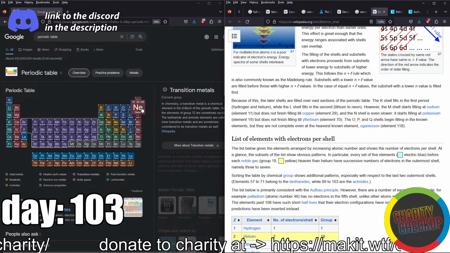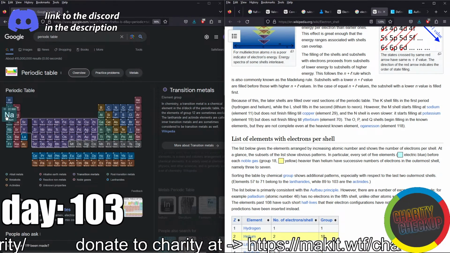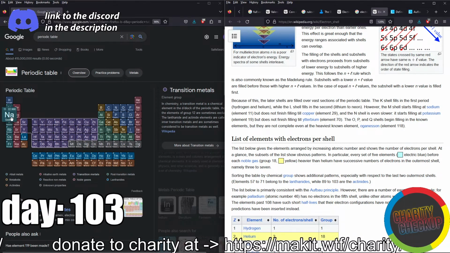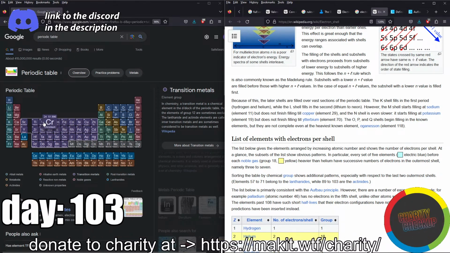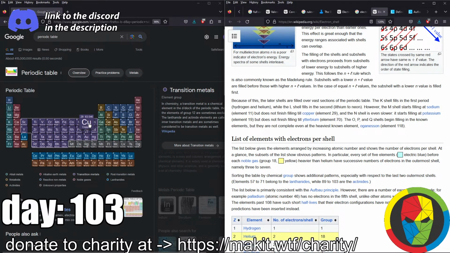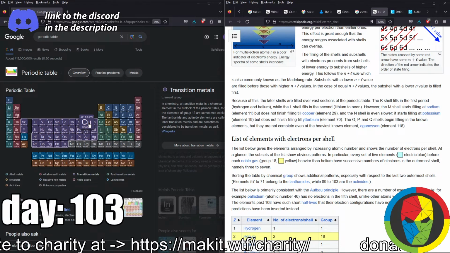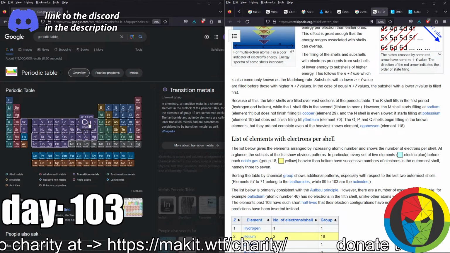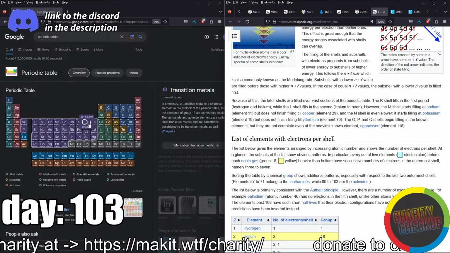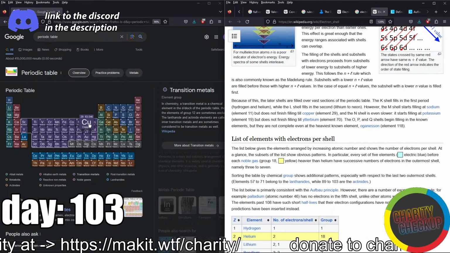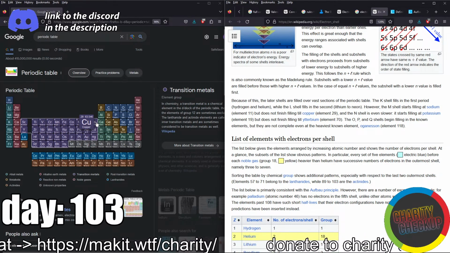The M shell starts at sodium and finishes at copper, which is over here. Okay, okay. N shell starts at potassium.